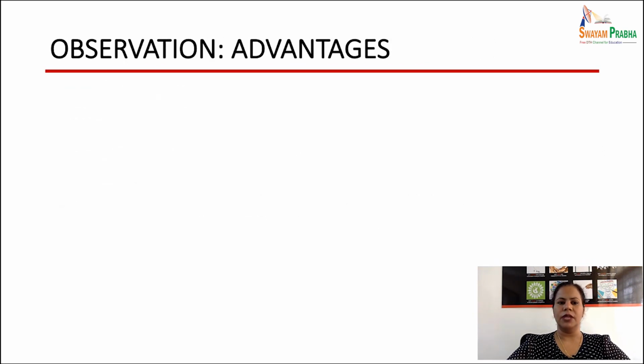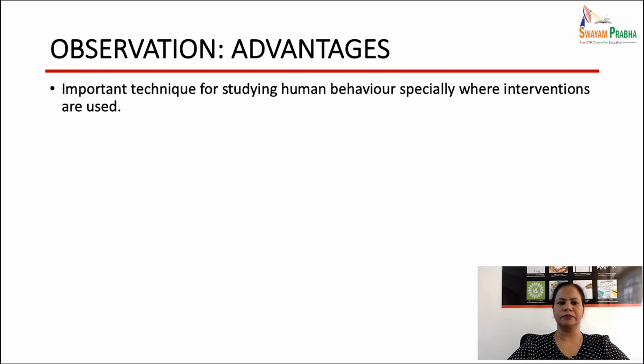Now let us talk about the advantages of observation. Observation is an important technique for studying human behavior, specifically where interventions are used. Particularly in nursing studies, we conduct a number of interventions, and observation is a very good method to assess human behavior after those interventions.